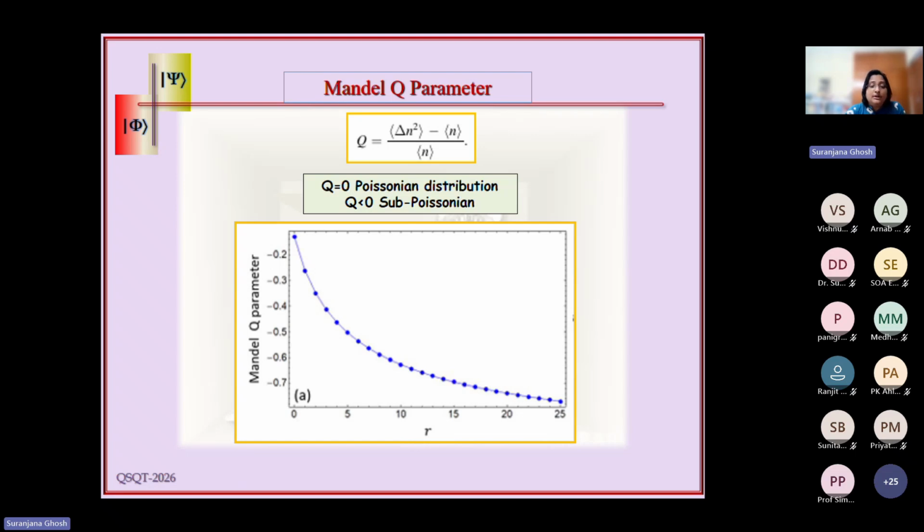For the cat state, the value already started at almost minus 1, and then with the addition of photons the value goes down and saturates at minus 1. So this basically shows the non-classicality is increasing.